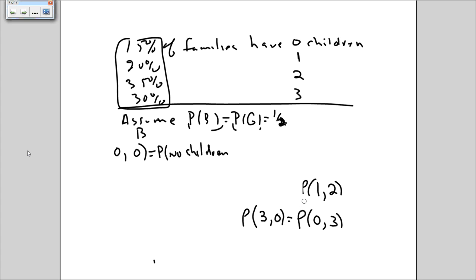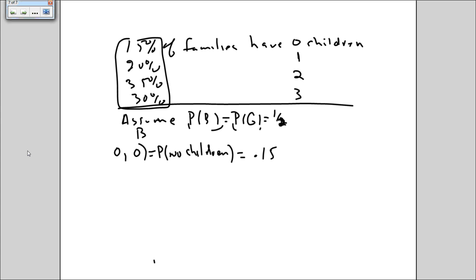Outright the easiest one. The others are going to be a little bit more of a pain. This answer is 0.15, because the probability that you have no children is 15%.